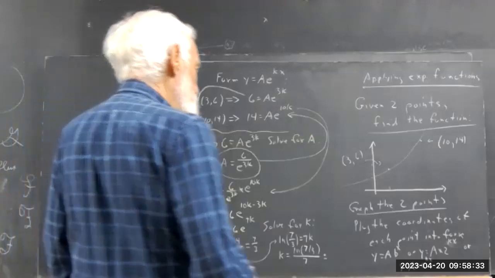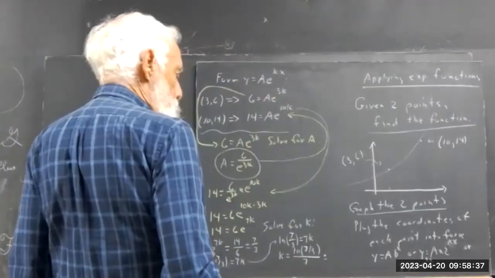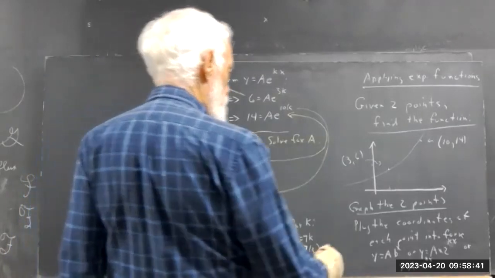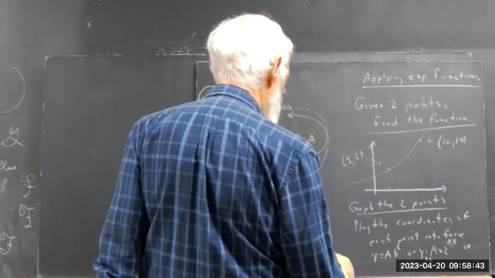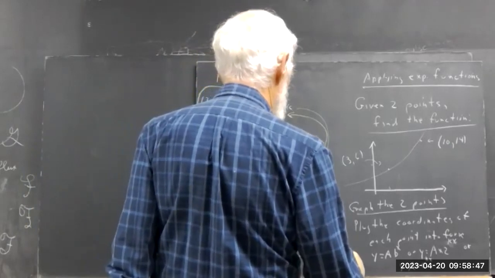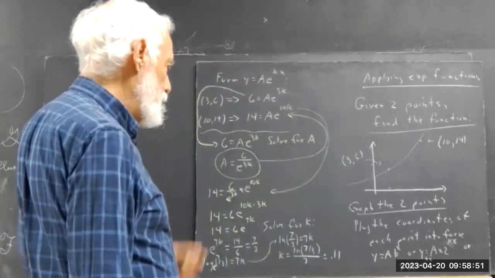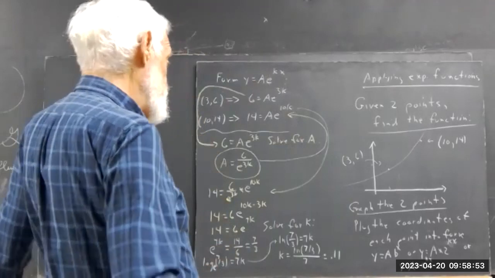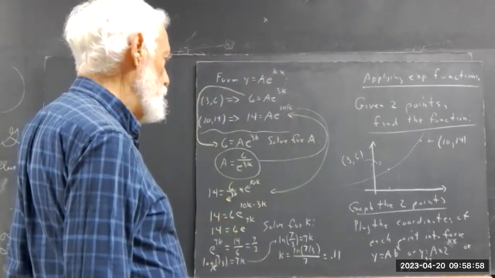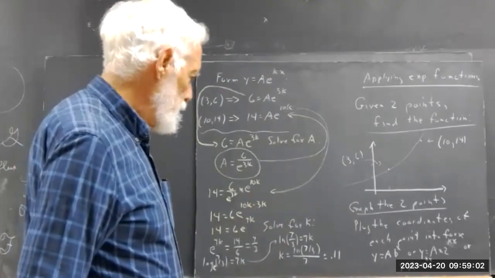I think I'm going to get something like maybe 0.11. Well, that might be right, but I don't think 0.11, with the doubling time we're at 6, we'd be between 6 and 7.